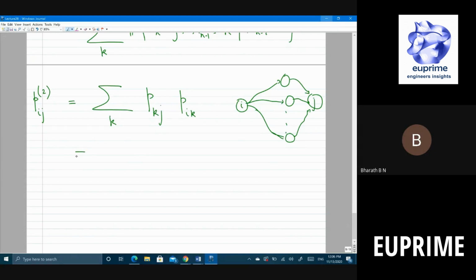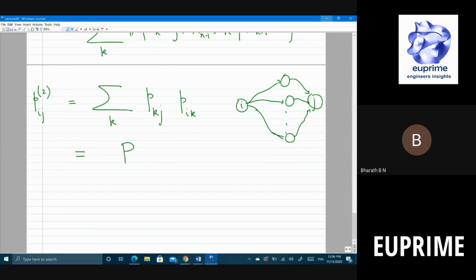Can somebody tell me, based on your linear algebra, simple algebra, what does this correspond to in terms of matrix? It's the inner product of the ith row and the jth column. Correct. So what does that correspond to?